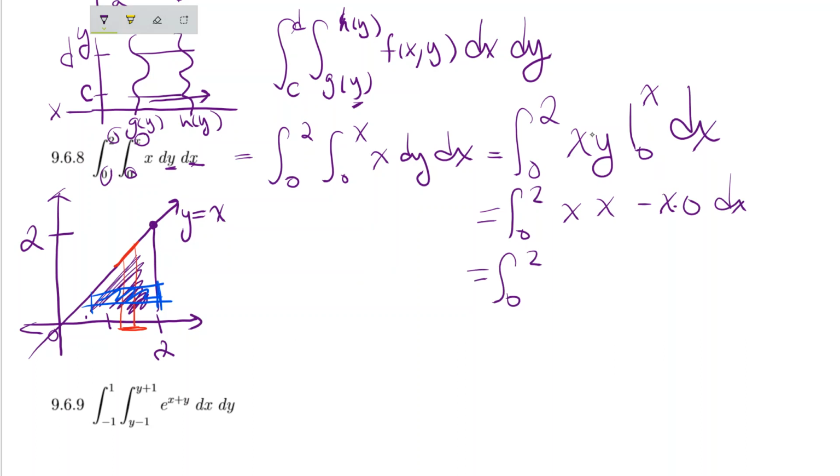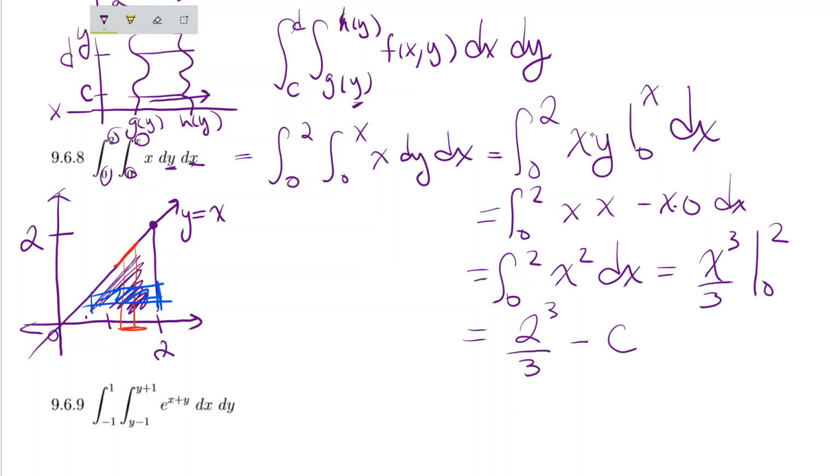So 0 to 2 of x squared dx. Add 1 to the power and divide by it. So we'll have 2 cubed over 3 minus 0, or 8/3.